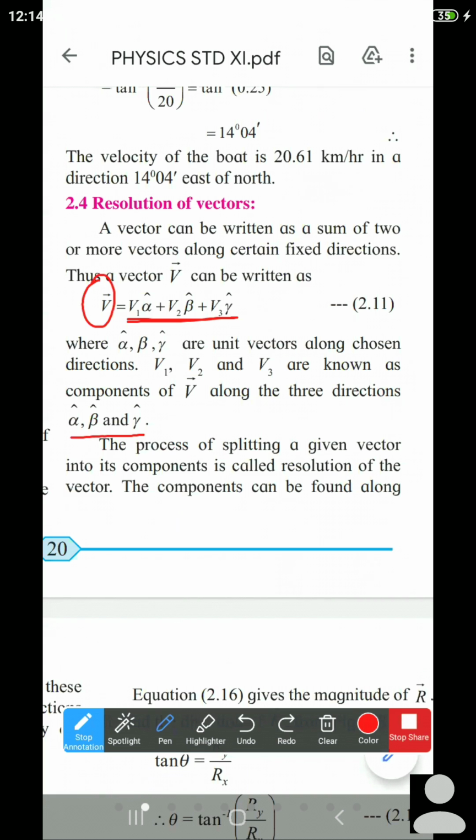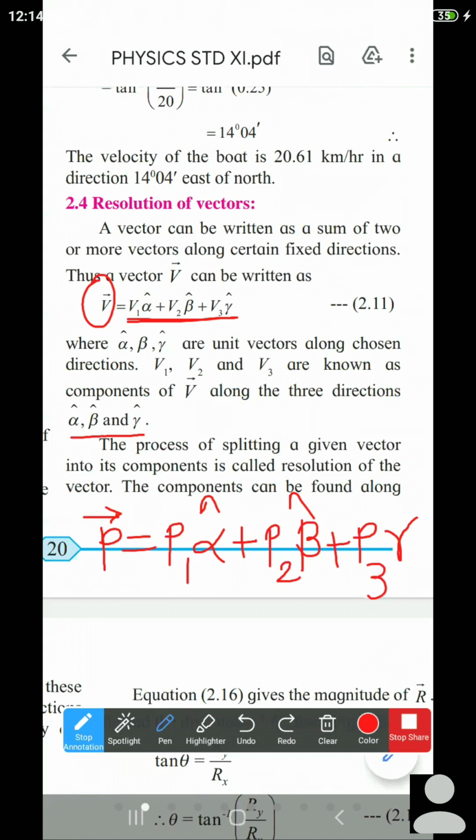First, try to understand: if p bar is a given vector, we can write p bar as p1 alpha cap plus p2 beta cap plus p3 gamma cap. Here P1, P2, P3 are the three vectors and are called components of P bar.